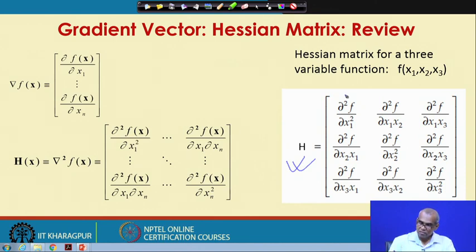So, look at the Hessian matrix. First, this is a symmetric matrix, and the diagonal elements are like d square f dx 1 square, d square f dx 2 square and d square f dx 3 square.